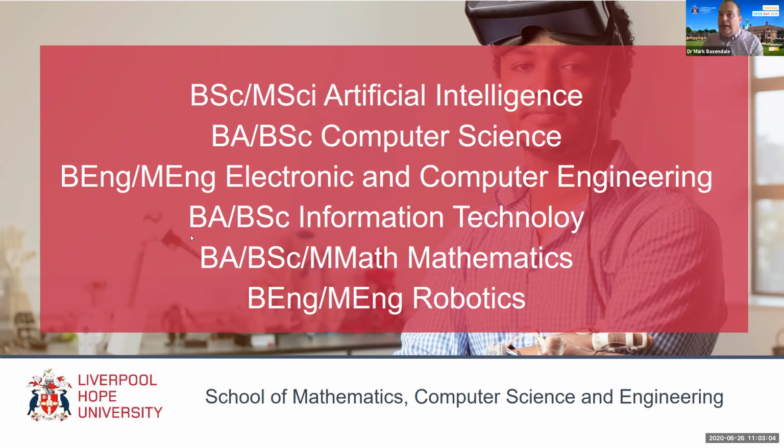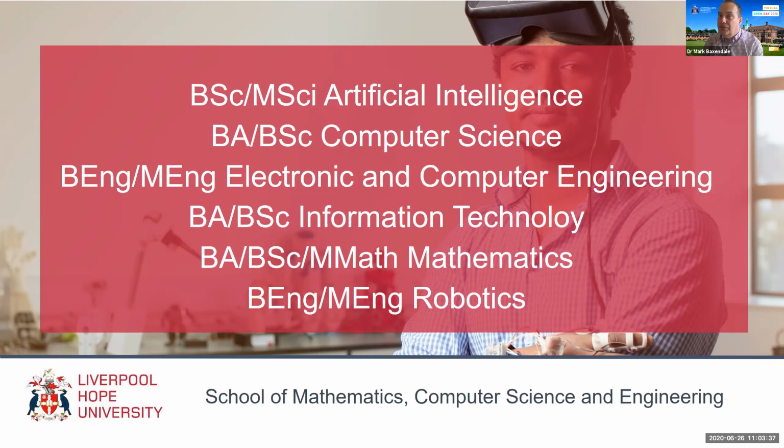Okay, so this particular open day presentation is for these courses. Artificial intelligence, it's either the BSc, which is a 3-year course, or it's a 4-year course if you do a year in industry. All of these courses are available with the year in industry option. So you've got the BSc 3-year artificial intelligence, or the MSci integrated masters.